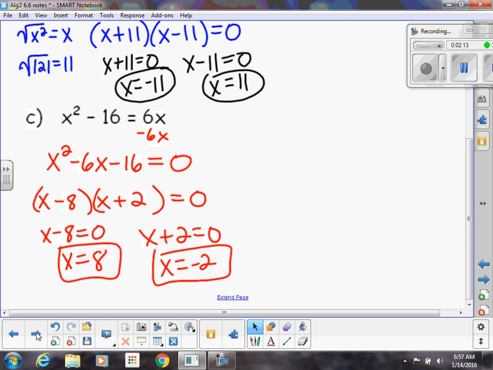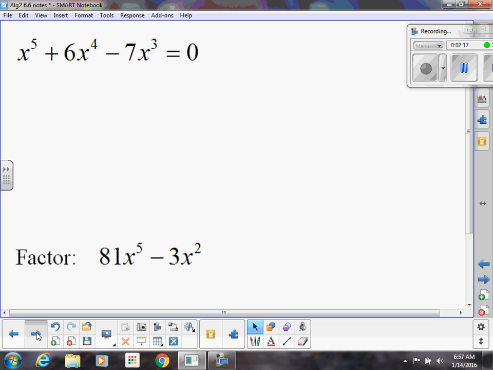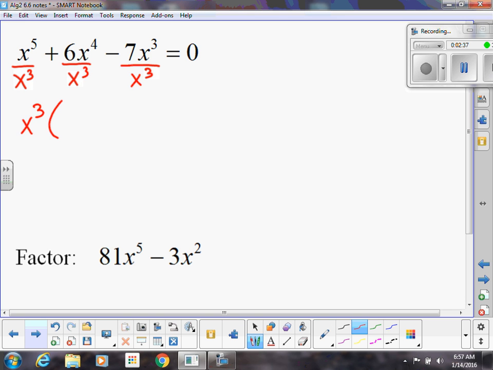All right, so in the last video, remember we combined factoring methods, and when we were doing something like this, we said always check for the greatest common factor first. So what can I divide all of those by? Well, that will be x cubed. So x cubed goes on the outside of the parenthesis, and if I do x to the fifth divided by x to the third, I'm going to have two x's left.